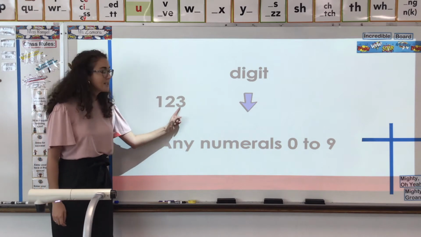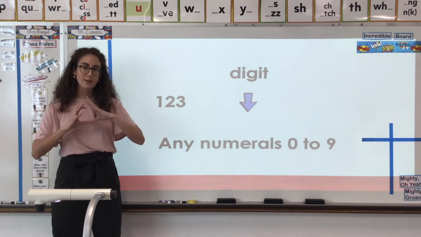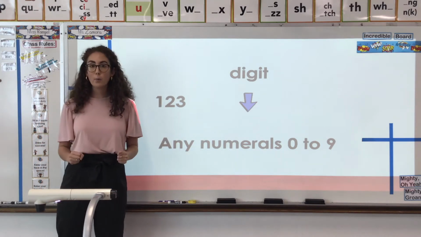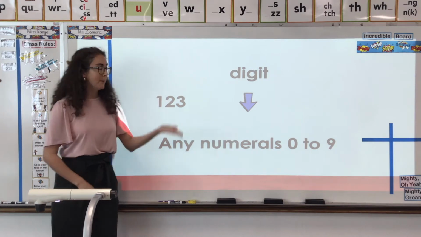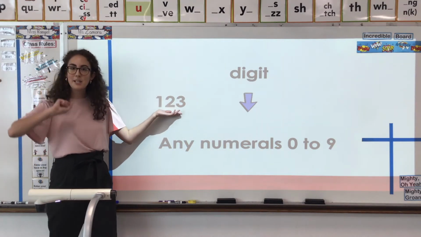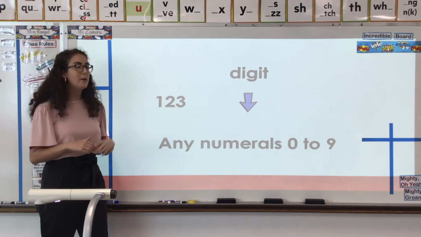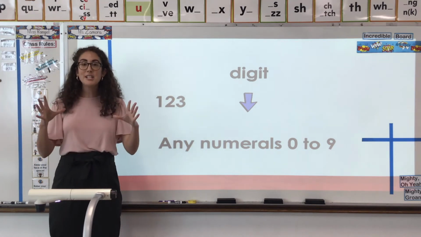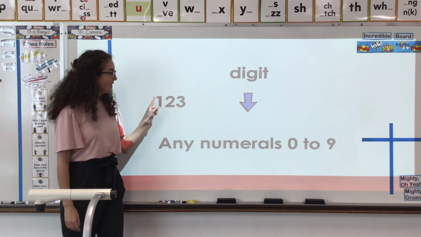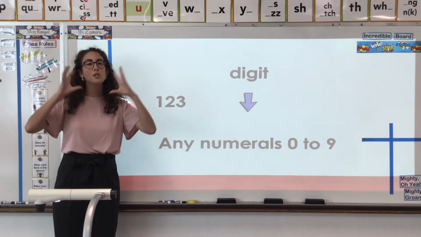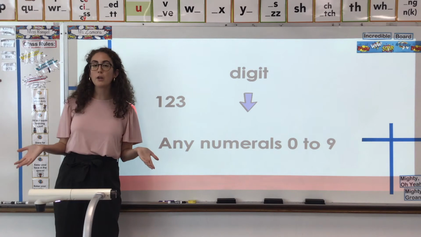That's what these 3 digits represent as a group, the number 123. But individually, there's 3 digits, 3, 2, and 1. So the digits are the numerals, the symbols that we use to represent a number or a group.